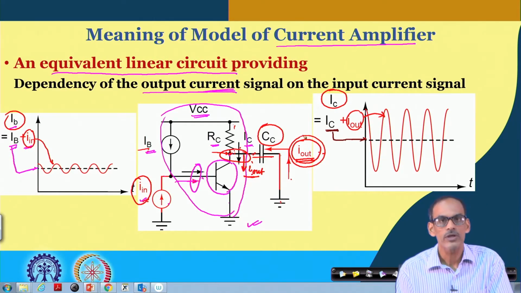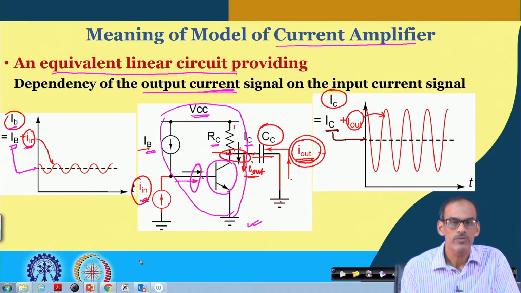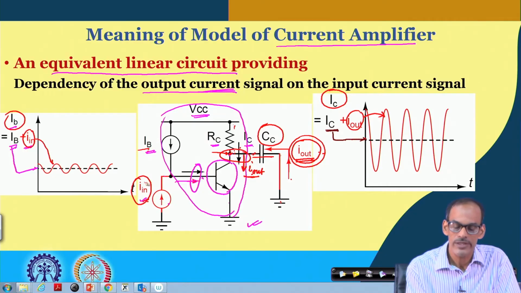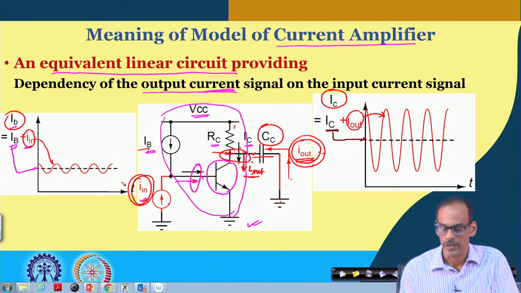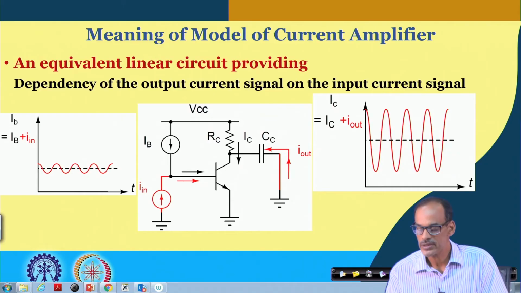So, whenever you are talking about the model of the current amplifier, similar to the voltage amplifier, what we are looking for is a simplified equivalent circuit which must represent this entire circuit in terms of the relationship between this final output and this input. Let me summarize in the next slide.